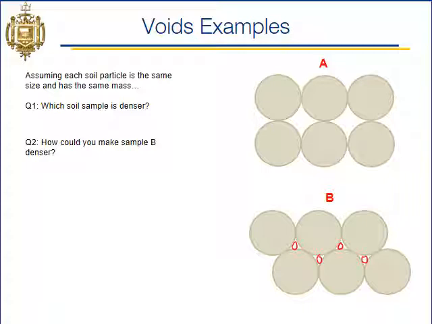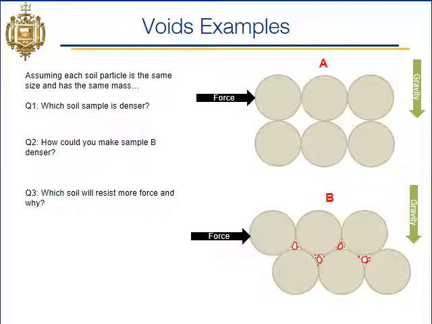So that's one thing that is important in soils, is having a variation in grain sizes, because you have lots of variation. You can put particles in between the void spaces of other larger particles, right? And even these voids, we could fill these voids with some even smaller particles and try to fill up as much space as possible. All right, so we can make sample B denser by adding smaller particles in between the larger particles.